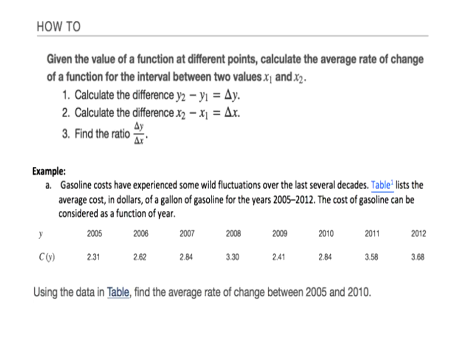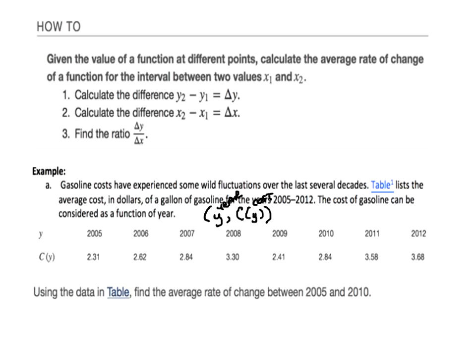And since the cost of gasoline can be considered a function of its year, that tells me that every point in this plane is set up as Y and C of Y. This stands for year, and that's the cost during that particular year.